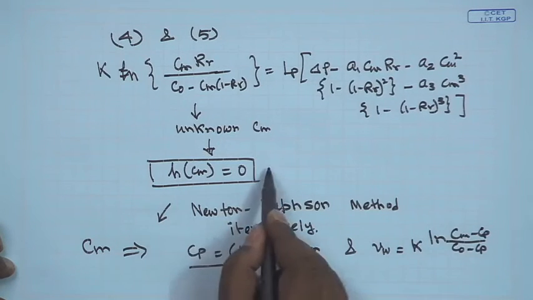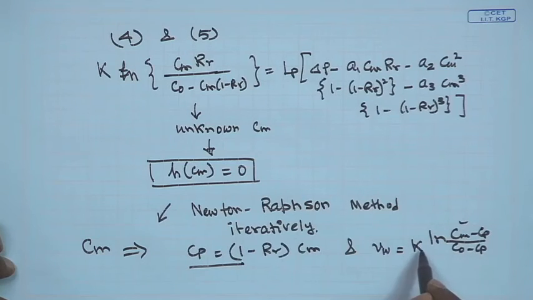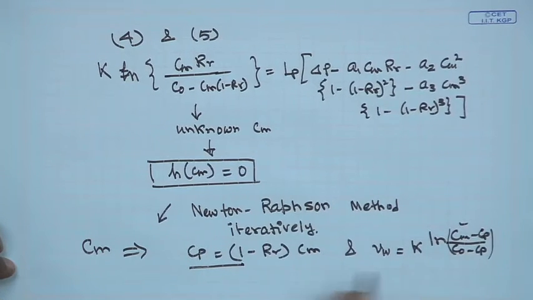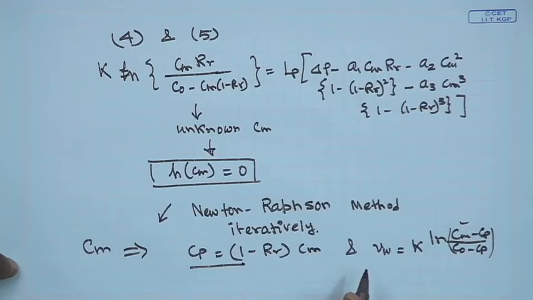C naught is known, K is known, so Vw can be estimated. Therefore, this is a predictive method of calculating permeate flux and permeate concentration as system performance, for one dimensional modeling of the mass transfer boundary layer, hooked up with the flow through the porous media for a cross flow filtration system.